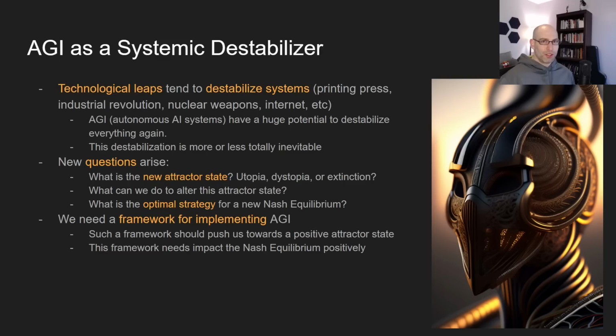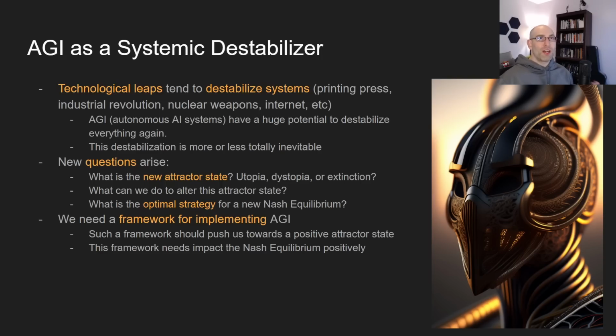So the new attractor state also changed, as well as all the incentives of participants in the world. And that includes employers, individuals, governments, militaries, so on. Technology changes the game, changes the fundamental nature of the game of life or reality or however you want to call it. And so the question is, okay, with the rise of AGI, how does that change the attractor state?